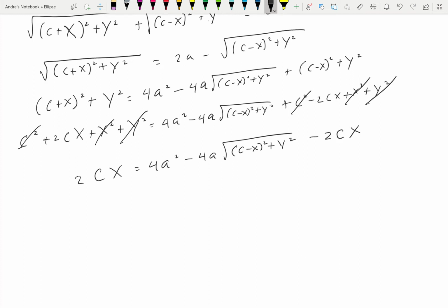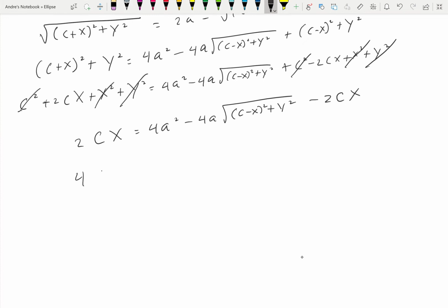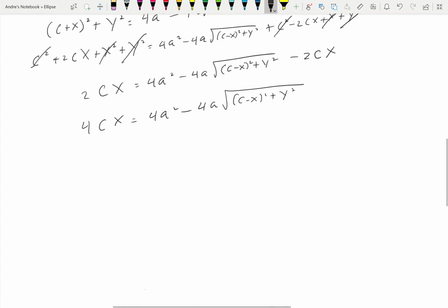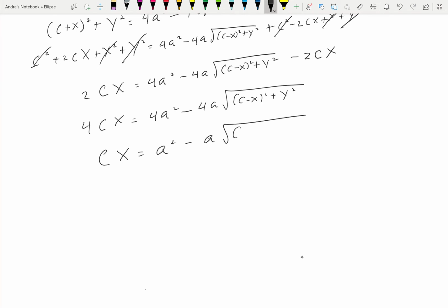If we go ahead and add 2cx to both sides, we get 4cx is equal to 4a squared minus 4a root (c minus x) squared plus y squared. We can divide throughout by 4 to get cx is equal to a squared minus a root (c minus x) squared plus y squared.